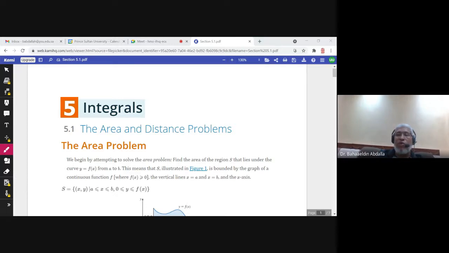We continue from chapter 5. We studied 4 chapters in Math 111, and now we continue from chapter 5, which is about integrals.